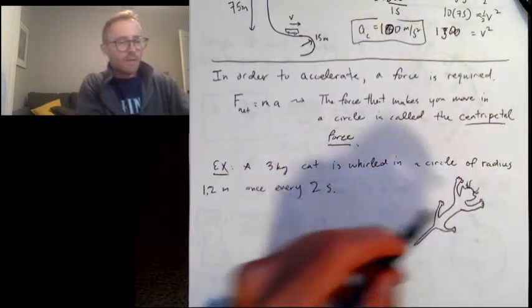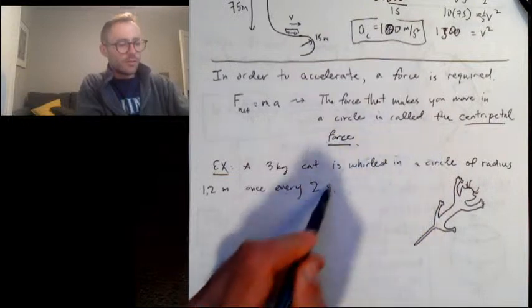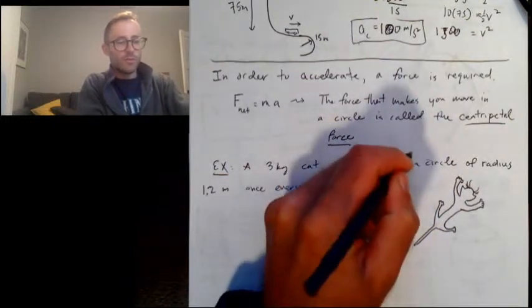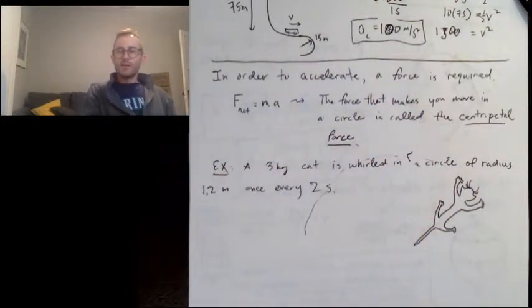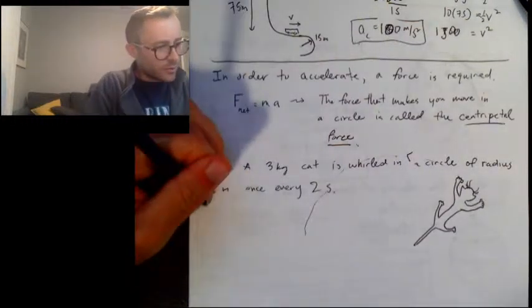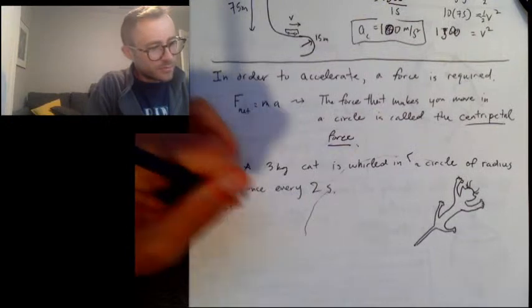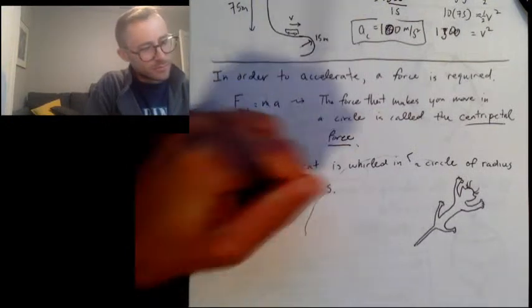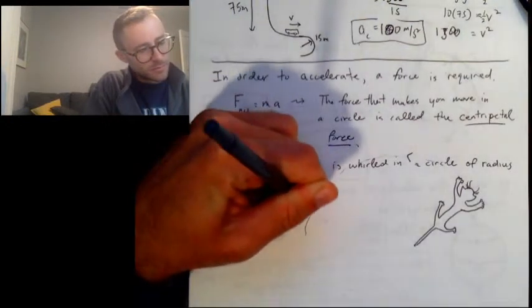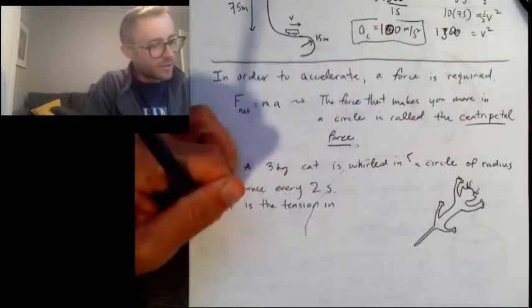Here's the circle that the cat is being whirled around in. And what I would like to know is, what is the tension in the cat's tail?